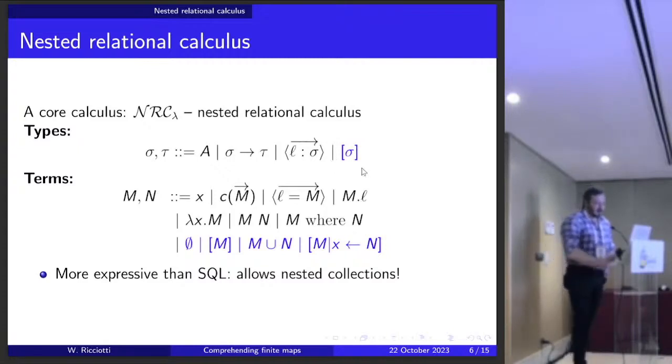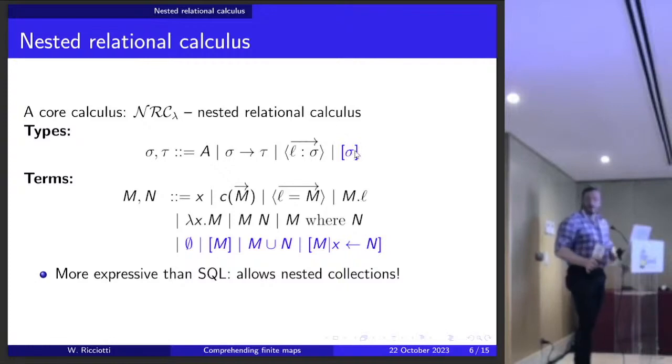And values of these types can be obtained by using the operations in blue, which include the empty collection, the singleton collection, the union collection, and comprehension over a collection, as I've shown you in the previous slides. However, you may have immediately noticed that this sigma here is unconstrained, meaning that you can have collections of collections.